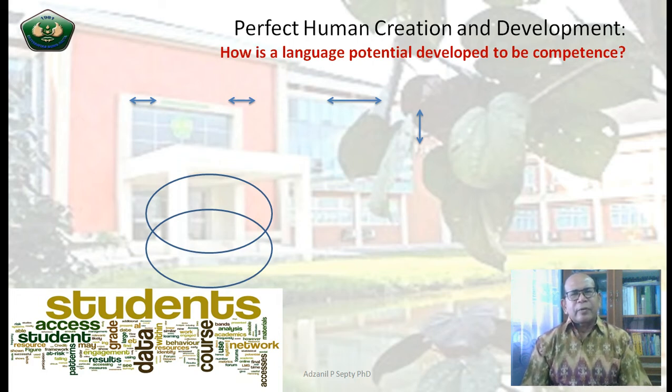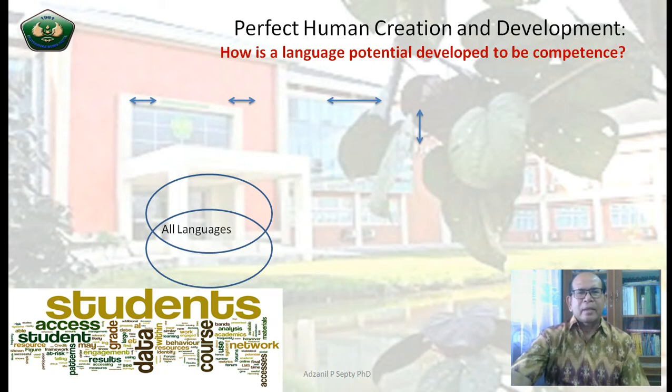The most important thing for you to understand is everybody is given potential in any language. So no one has no potential in language, because as we know, language has a purpose. Everybody is given potential of all languages. So that is the perfection of human creation.